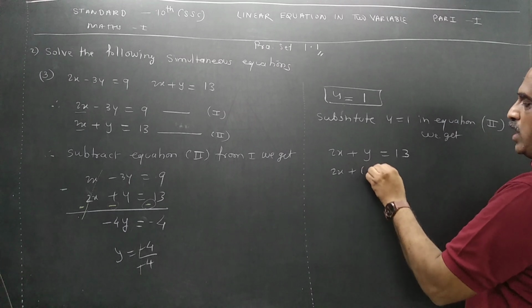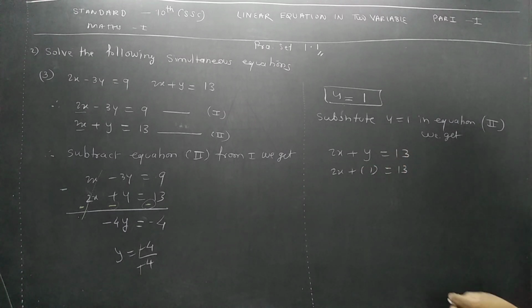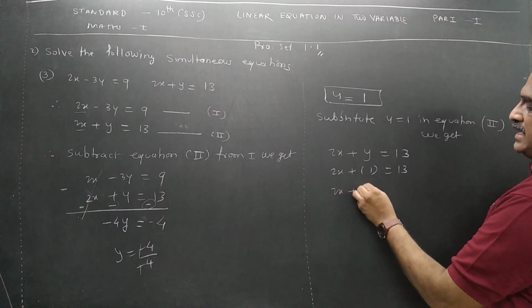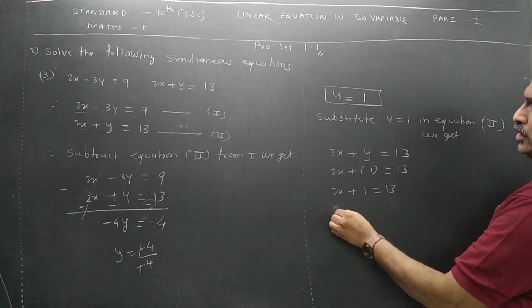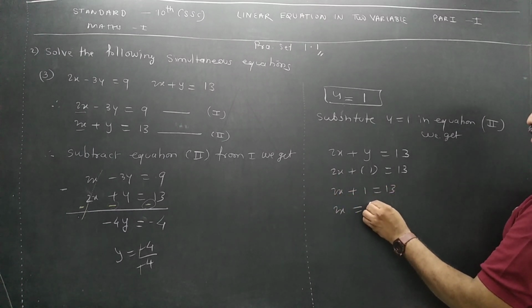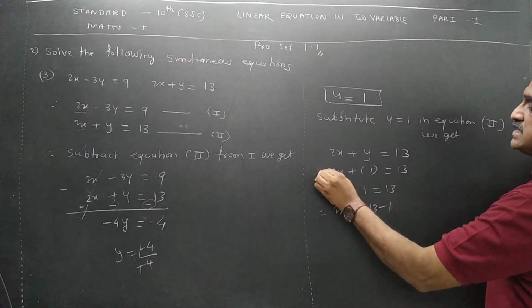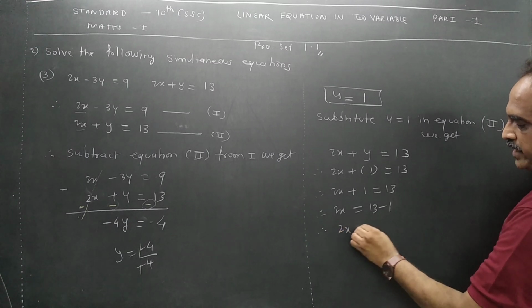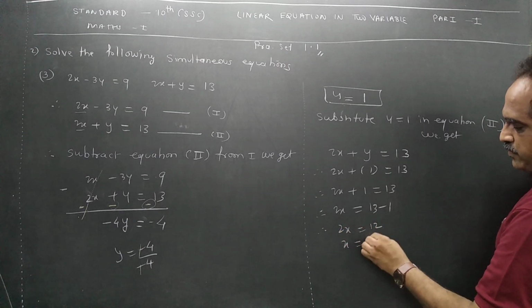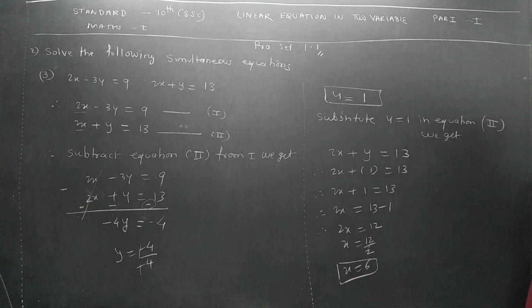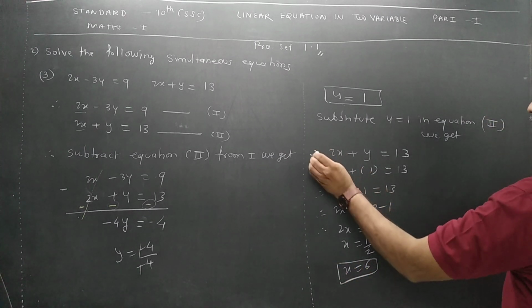2x plus 1 is equal to 13. So 2x plus 1 is equal to 13, 2x is equal to 13 minus 1. Please put the therefore sign, as it is an equation. So x is equal to 12 upon 2. x is equal to 6. Have you understood this?